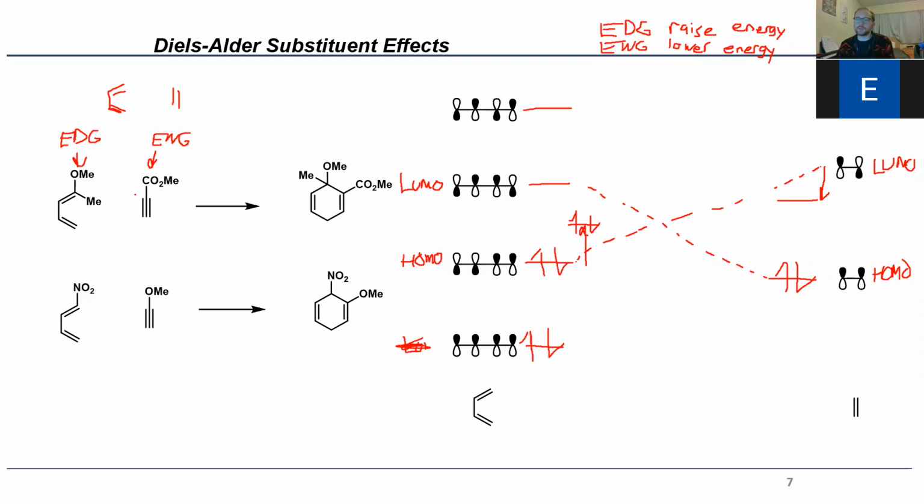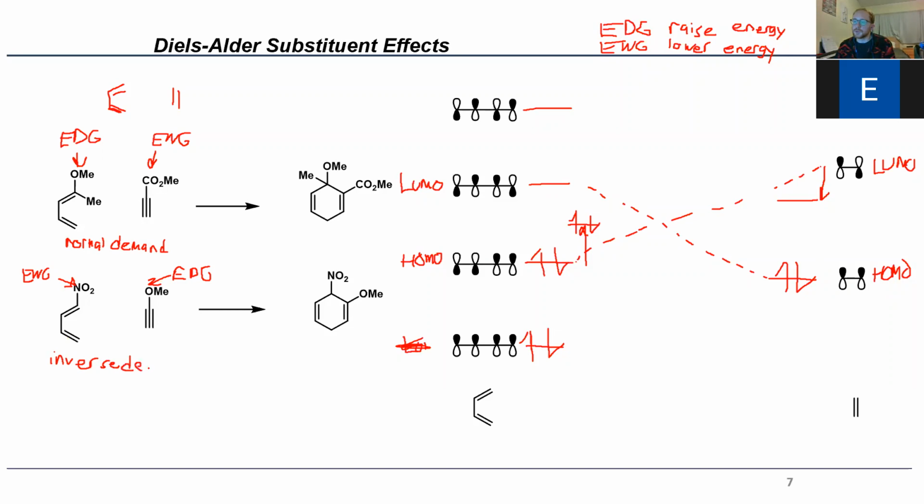If we put electron donating groups on the diene and electron withdrawing groups on the dienophile, this is a normal demand Diels-Alder. And if we put electron withdrawing groups on the diene and electron donating groups on the dienophile, this is inverse demand. That's just by convention.